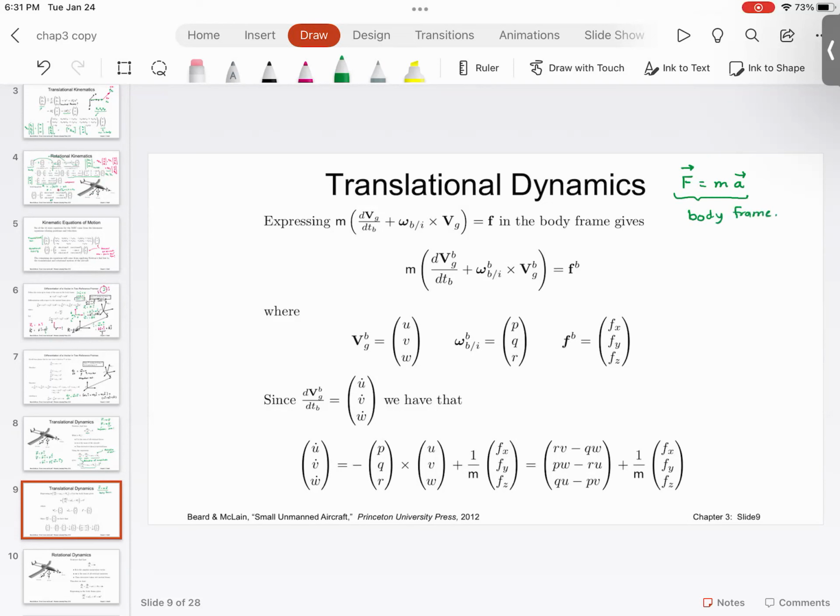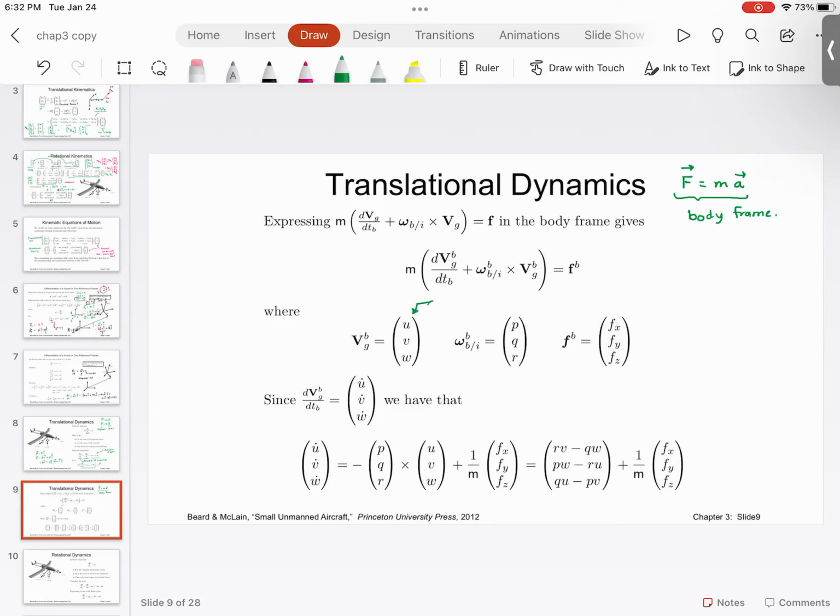And why do I want to express this in the body frame? Because please understand the U's, V's and W's. U is the body velocity in the X direction, V is the body velocity in the Y direction, and W is the body velocity in the Z direction. So U, V, W are the body velocities.